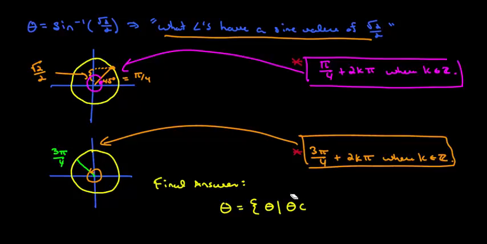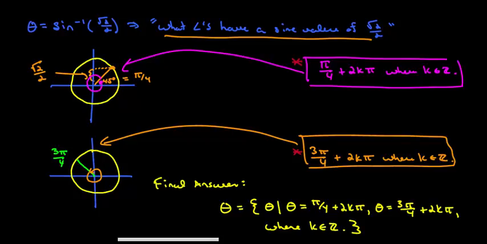Theta has to be equal to either pi over 4 plus 2k pi, or theta's got to be equal to 3 pi over 4 plus 2k pi, where k is an element of the integers. So we basically just say, okay, theta's got to be equal to this mess or this mess.